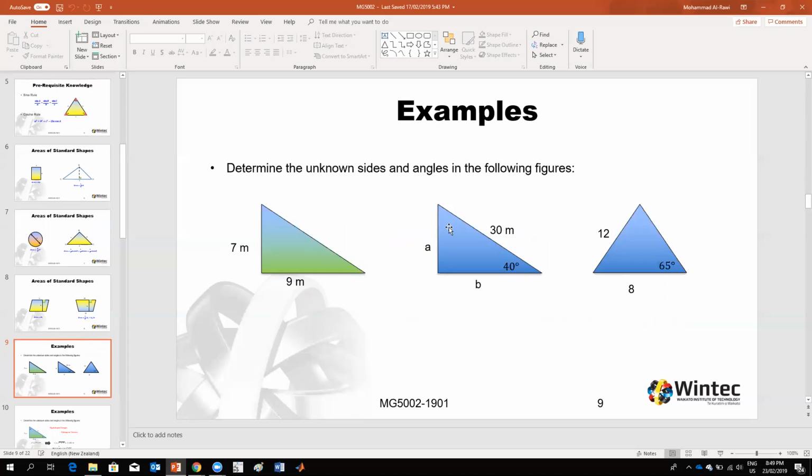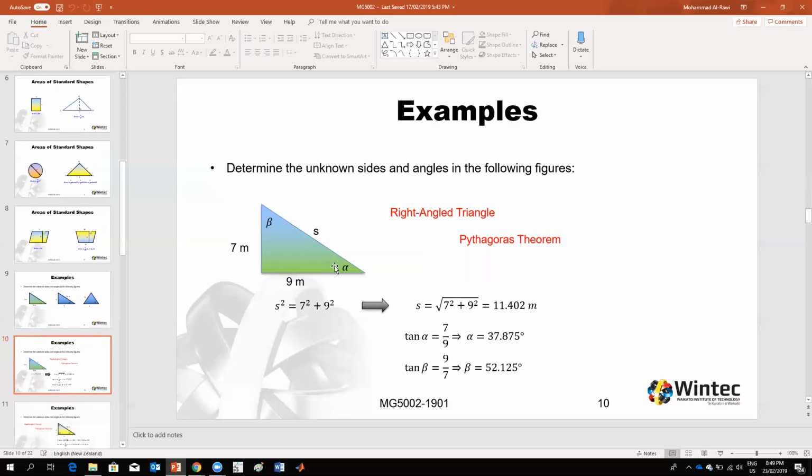We managed to solve a couple of the examples, determine the unknown sides and angles in the following figures. So for example, this one, you have this distance, or this length is 7 meters. This one is 9 meters. We want to find the unknown side and the angles. So we know this one is a 90 degree, but we're missing these two angles.